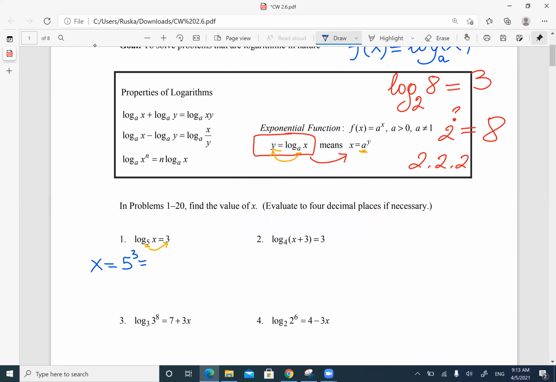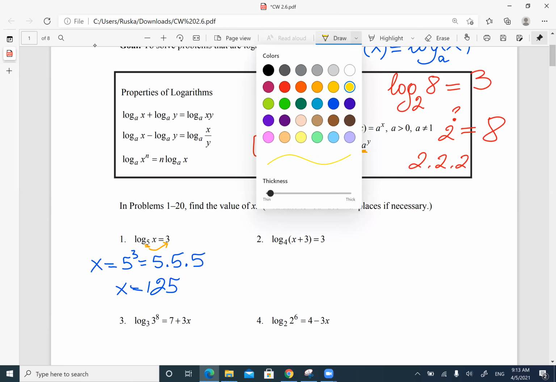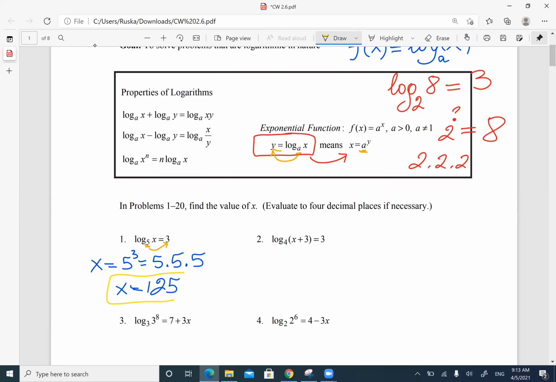I'm going to rewrite it so you can see what that means. When you multiply those, you get 125. So that's it: x equals 125. Any questions? Switching logarithm to exponent is the way to solve an equation with a logarithm.